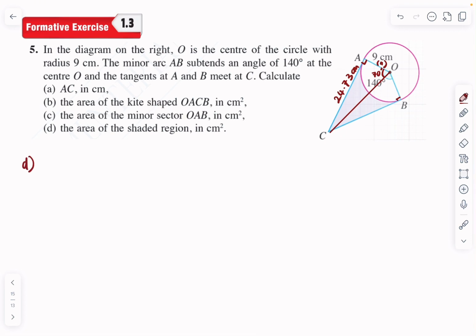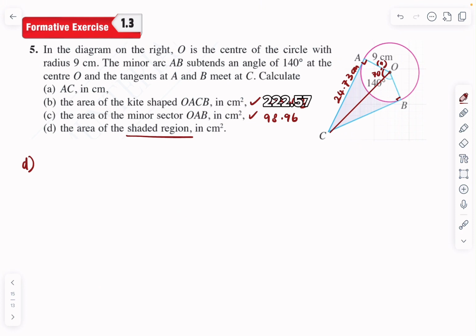D. To find the area of shaded region, we need to do this whole kite minus this sector. So conveniently, we have the area of the whole kite and we have the area of minor sector. So just now the area of whole kite was 223.02 and minor sector was 98.96.